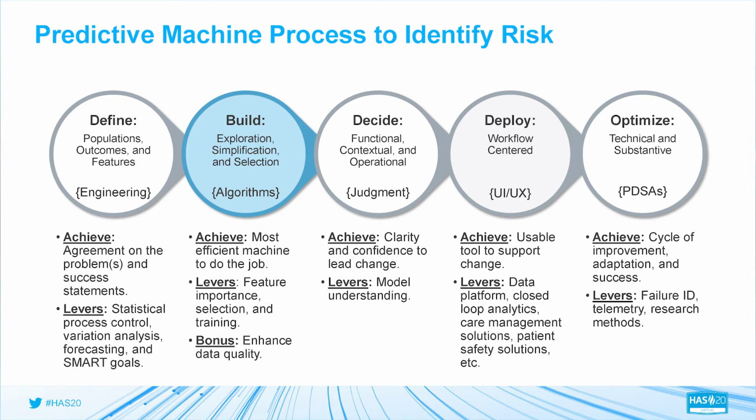We then need to deploy the model, as Terry mentioned. It's not okay to send around a separate piece of paper, Excel sheet. You need to be able to figure out how you embed it into the workflow of the people who are going to take action. And we've spoken already about optimization, but here we're really going to focus on the building part. How is it that we identify the best, but also the most efficient and explainable model that we can for the care managers who are going to be using it?